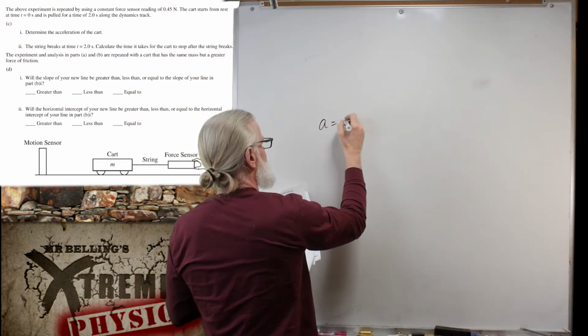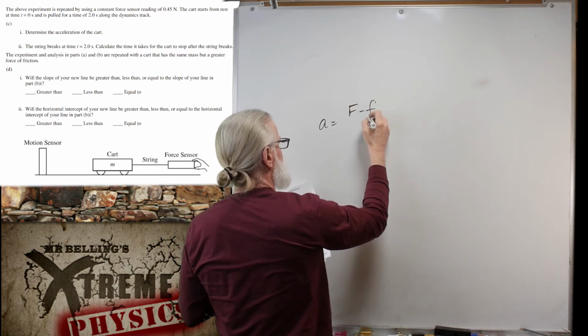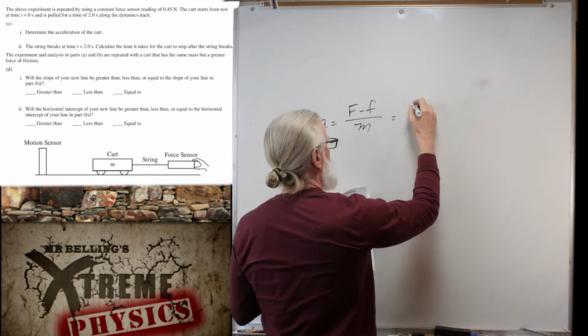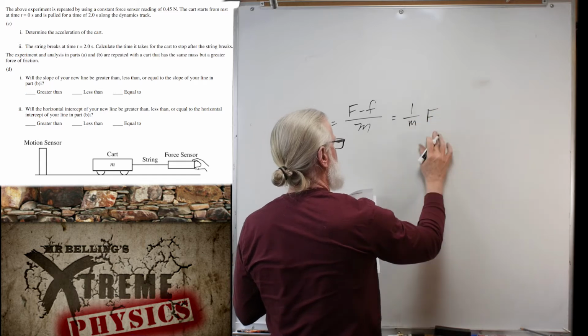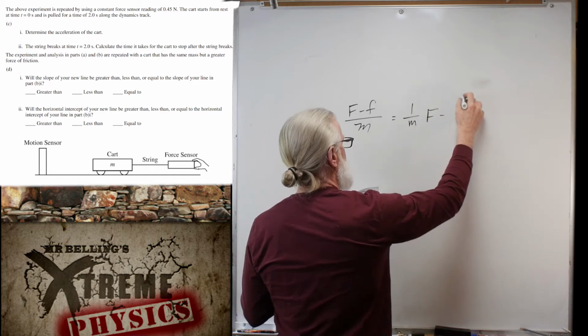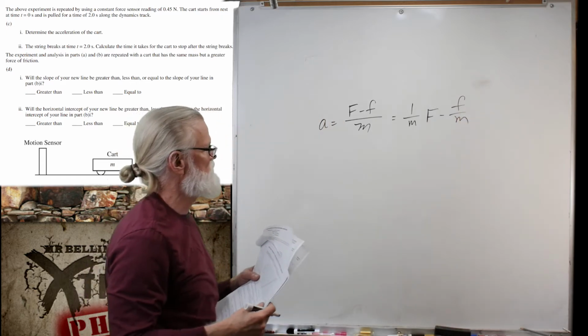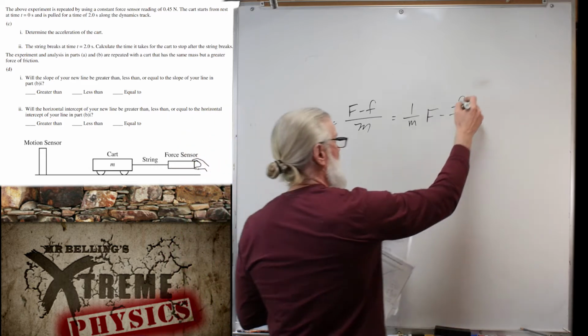We had acceleration equals the force minus friction divided by the mass. So we had 1 over m is the slope. F was the x-axis minus f over m. Right? So we had that relationship right there. All right, now this is going to be bigger.